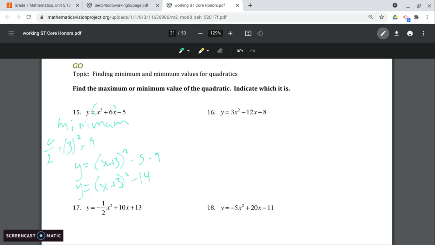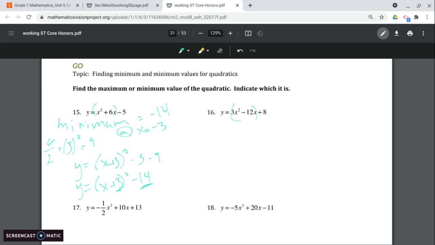So the minimum value equals negative 14 at x equals negative 3. This is the minimum value, and this is where it occurs. And remember, we always flip the sign because it's inside those parentheses. So same idea as what you'll do on the others here in this one.